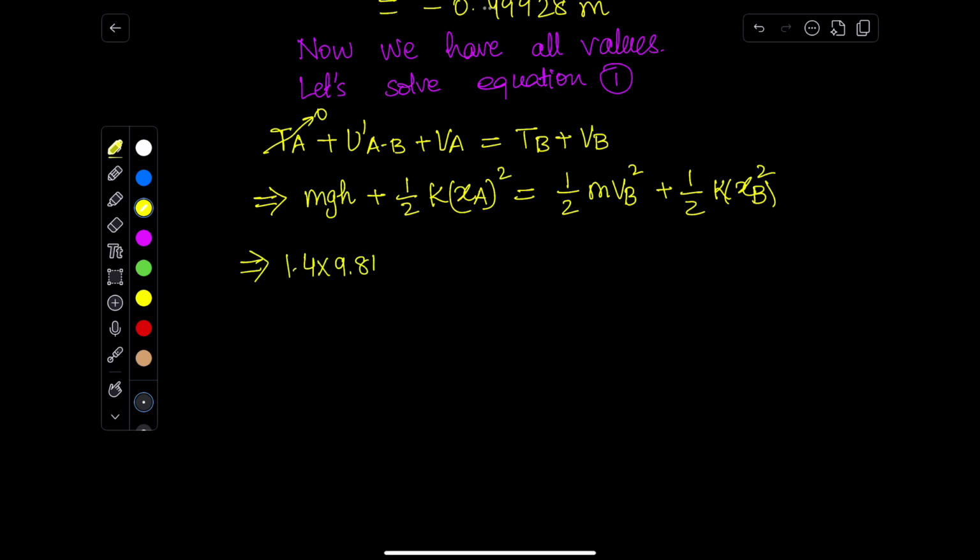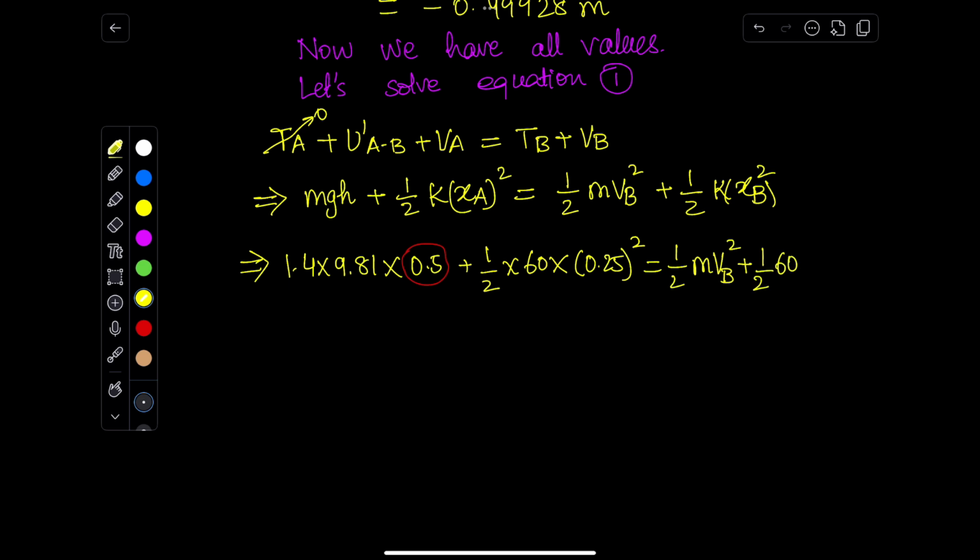So I am going to write 1.4 multiplied by 9.81 and 0.5. 0.5 is the vertical length, the h. Then I'm going to write the spring factors here: 1 by 2, 60 multiplied by 0.25 square, and the rest of the values. And here you can see that vB is unknown to us and the other values are given.